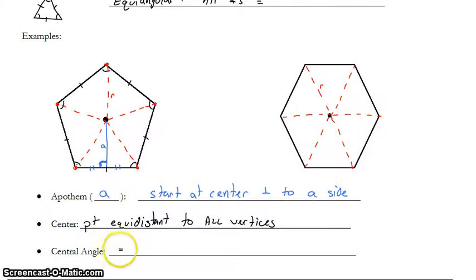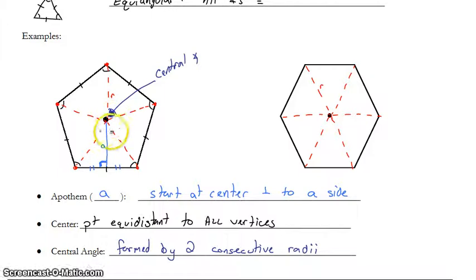The last big vocab word here that I want to talk about is the central angle. A central angle is formed by two consecutive radii. In that case, all of these red dashed lines here are radii. They form a central angle. This angle formed between those radii is a central angle.